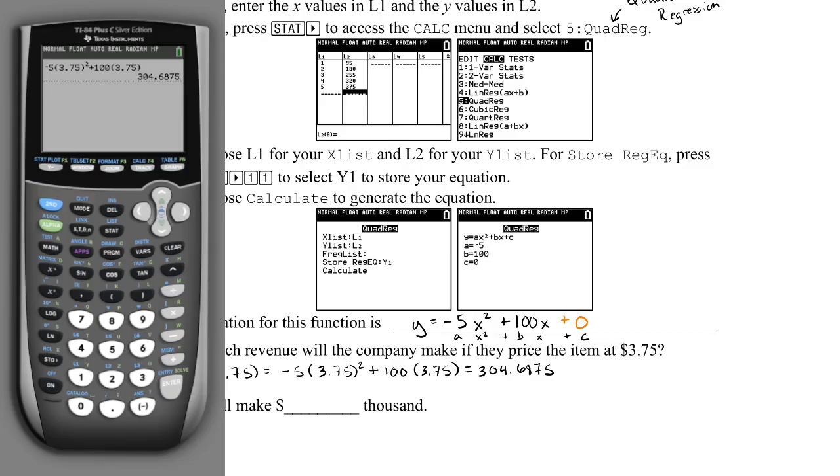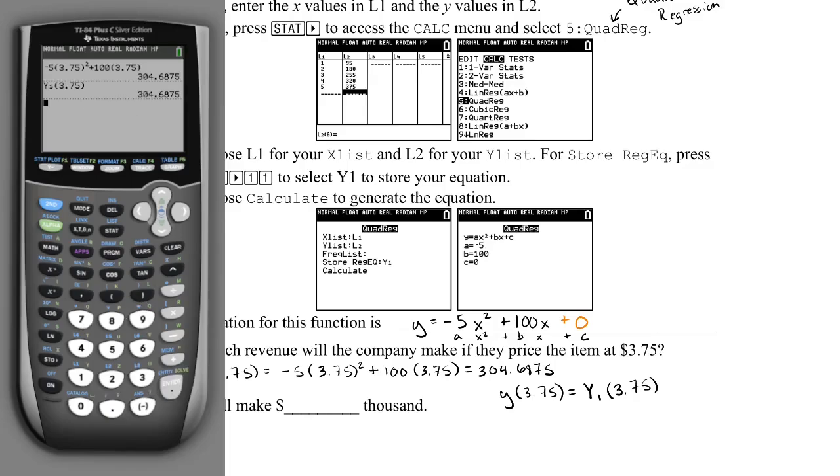Since we stored the equation, we can also use that the calculator knows function notation. We started our equation in Y1, so we can take Y1 of 375. So vars, Y-vars, function Y1, parentheses 375.